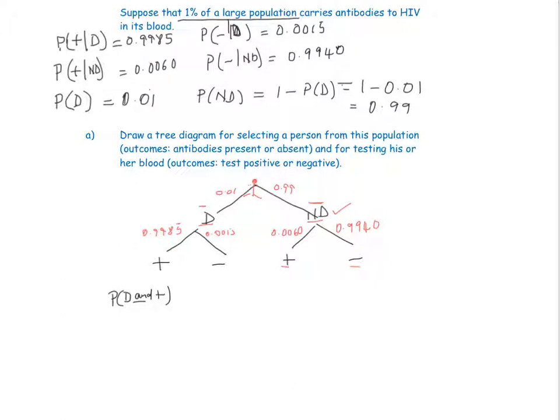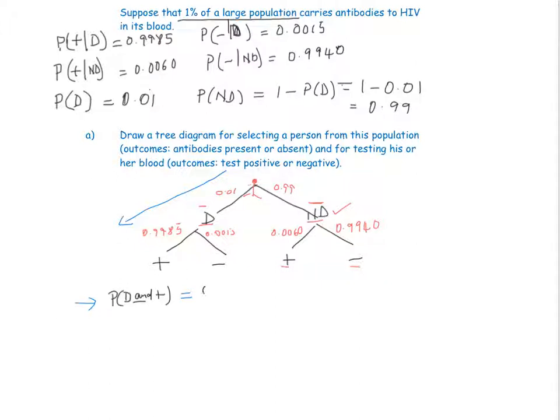Now suppose we want to find the probability that someone has the disease and shows positive. We can use the tree diagram. All we have to do is go down this branch. So the probability that someone has the disease and shows positive is equal to, so the first step is they have the disease.